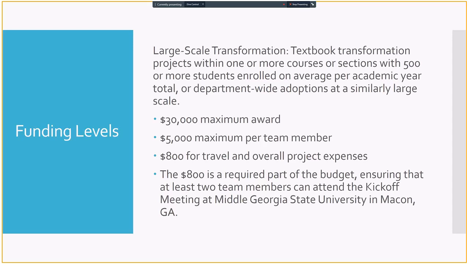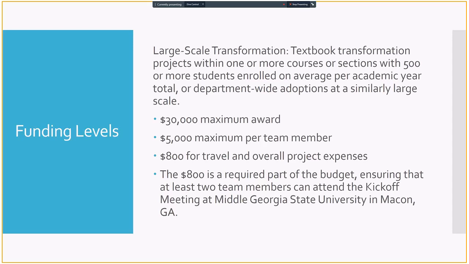Large-scale transformation is just like the standard scale, except that it's for a bigger team. There's a $30,000 maximum award, but it's the same maximum amount per team member and the same amount for travel and overall project expenses. For the kickoff meeting with large teams, not everybody has to attend. It would be infeasible for an entire department to leave at the same time in the middle of the week.